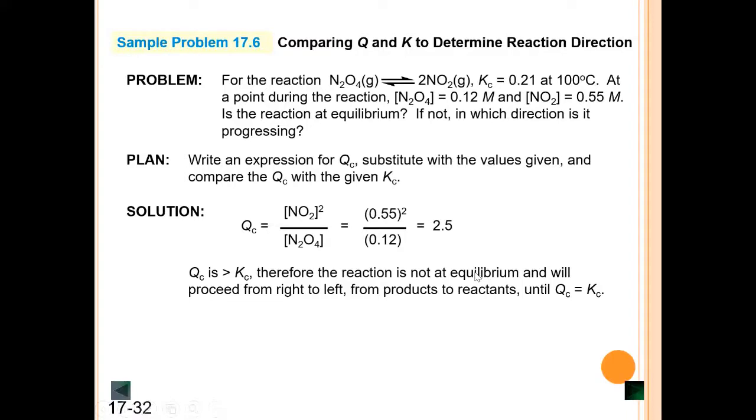And if the reaction wants to achieve equilibrium, to have the same value as Kc, then the reaction needs to proceed from right to left, or progress to the left to produce more reactant, until Qc is equal to Kc.